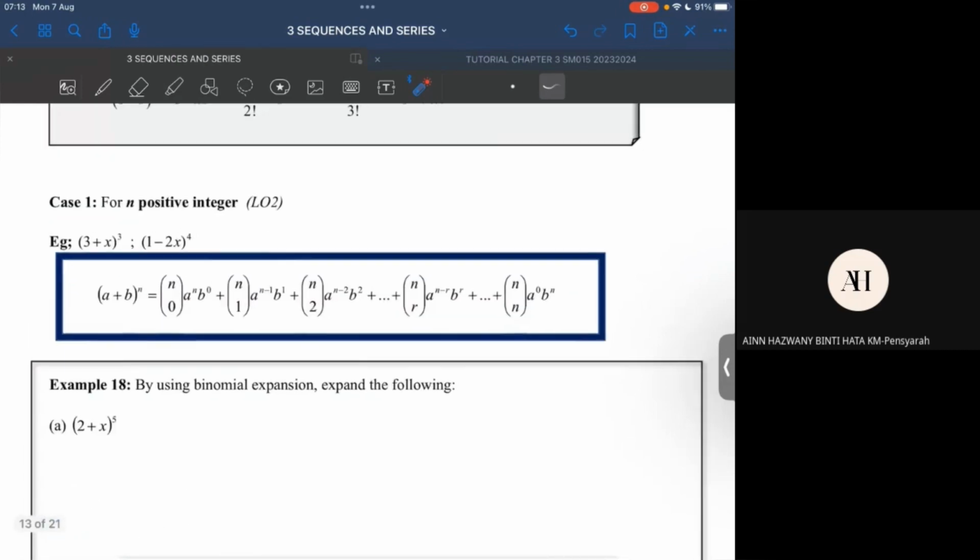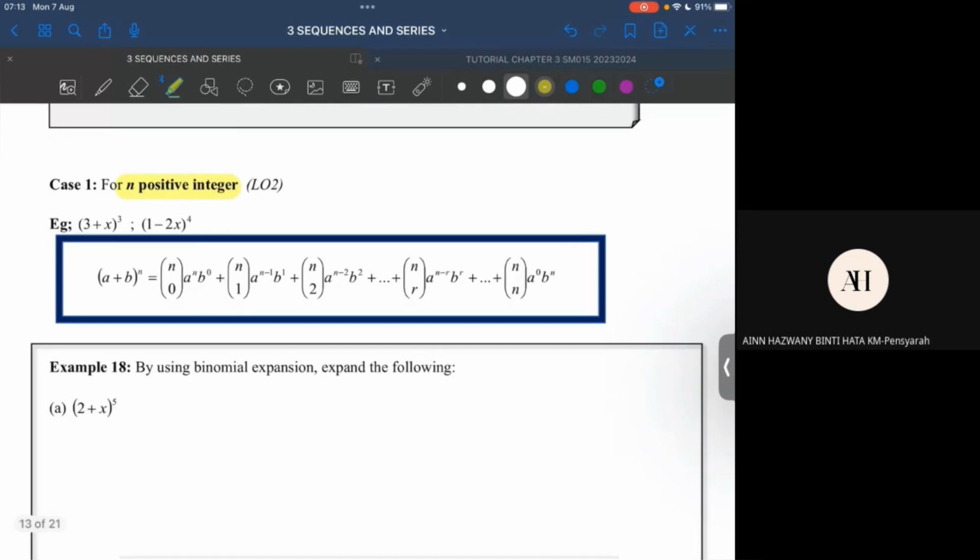So kita tengok case yang pertama, yang tadi saya nak explain. For N positive integer. So, formula ni nampak panjang tapi tidak. Kamu tengok A kita, dia tolak 1, tolak 2, tolak 3, tolak 4, tolak 5 sampailah A kamu akan jadi power of 0.